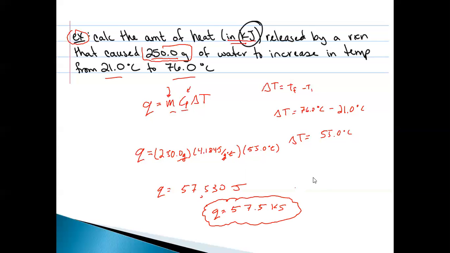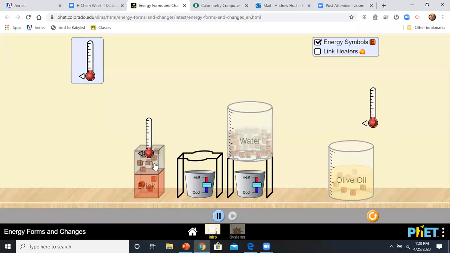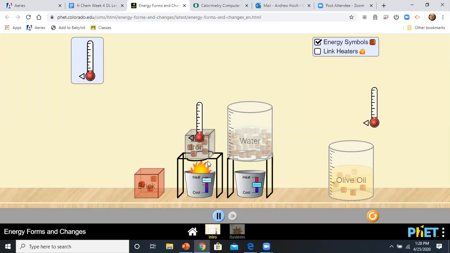To conceptualize this and put it together, I can show you this whole thing again. Basically, what you were looking at is if I added a substance, let's say I heated up a piece of iron and I actually put this in, what we were measuring was how much energy the water absorbed during that change in temperature.